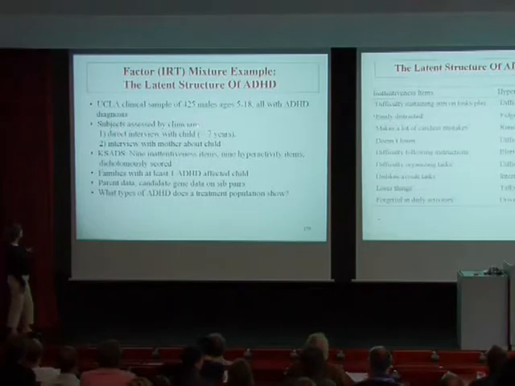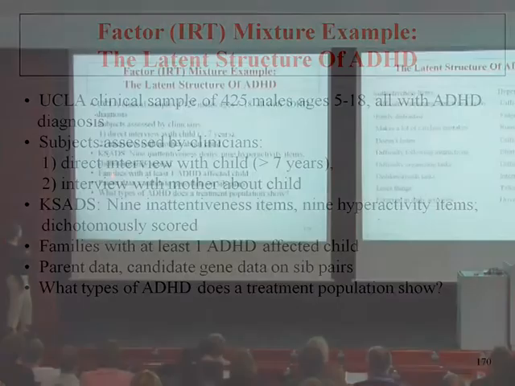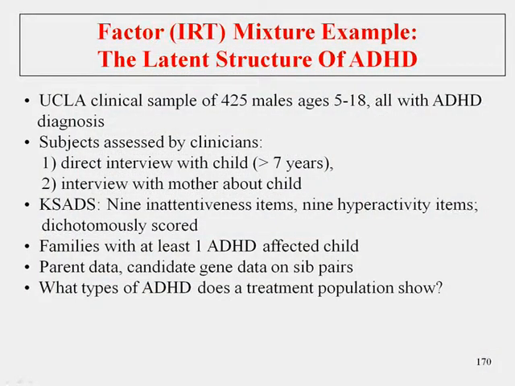They were assessed by clinicians, by direct interviews, and by interviews with the mother about the child. And then they were given 9 inattentiveness items and 9 hyperactivity items that were scored dichotomously. And the family had to have at least one ADHD affected child.